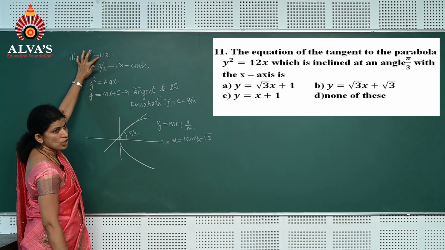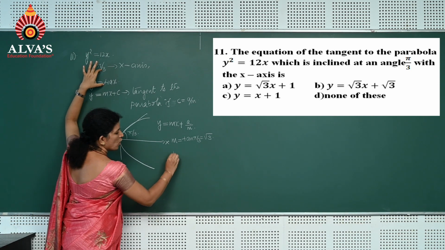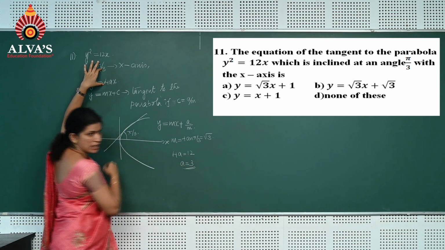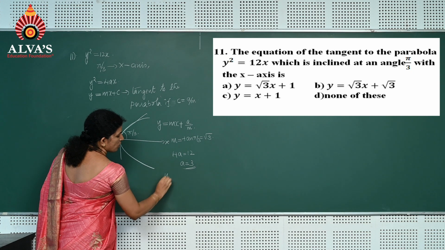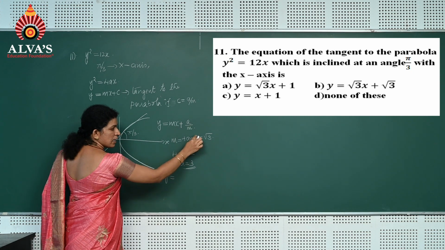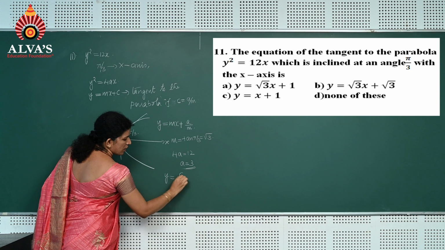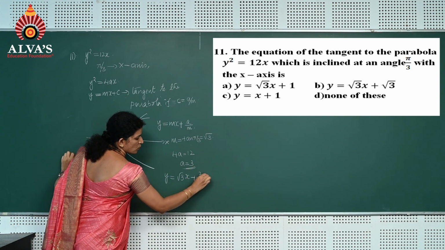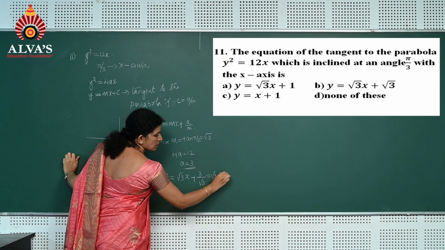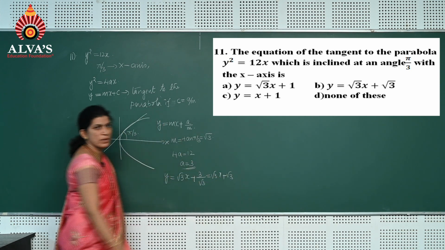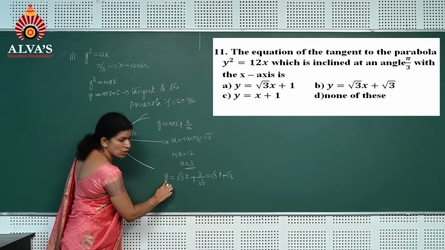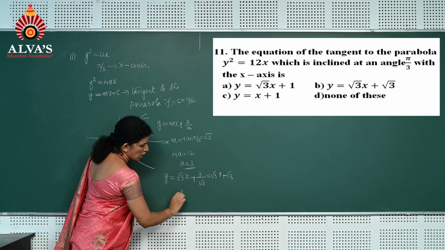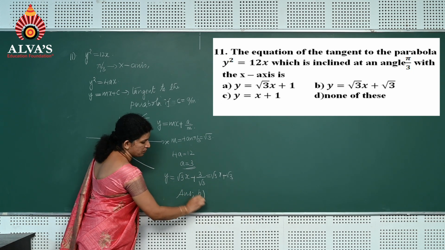Comparing the given equation of the parabola to the standard form, 4a = 12, so a comes as 3. So our equation of the tangent is y = mx + a/m. M means root 3, so it is root 3 x + a/m. A/m means 3 by root 3, which is root 3. So the equation of the tangent is y = root 3 x + root 3. So the answer is B.